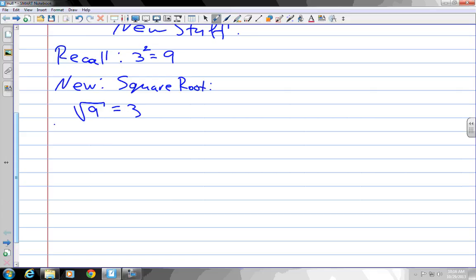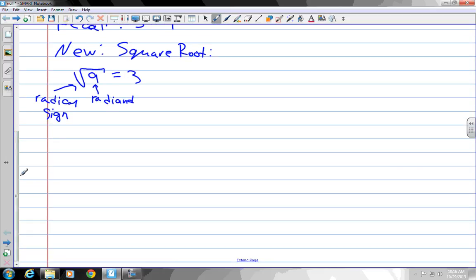This squiggly thingy, we call that a radical sign. The number underneath is called the radicand. And we define the principal square root the following way. 1, the square root of a is always positive.